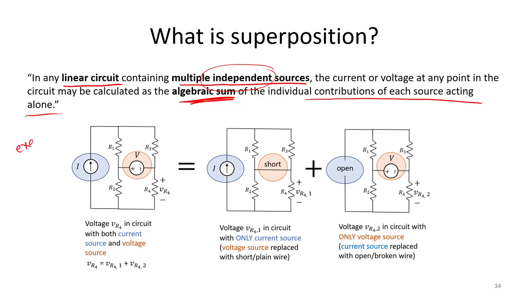Here's a more detailed example. Suppose I have a circuit that contains both a current source and a voltage source. If I wanted to find VR4, notice what I could do is consider the circuit with the current source alone, plus the circuit with the voltage source alone.